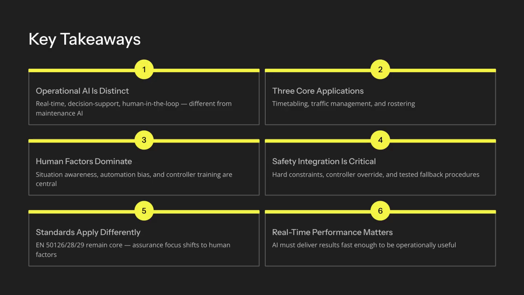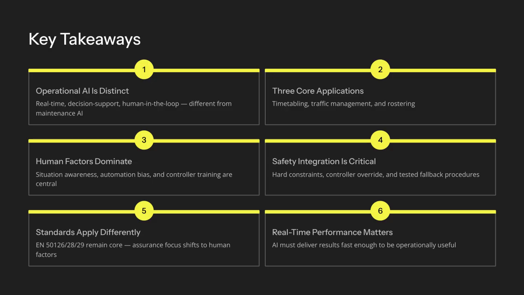Fifth, the assurance framework remains EN 50126, 50128, and 50129. But the emphasis shifts. In maintenance AI, the focus is on data quality, model accuracy, and operational design domain. In operational AI, the focus moves to human in the loop design, real time performance, and integration with safety systems.